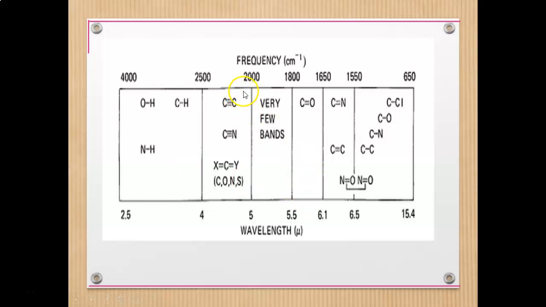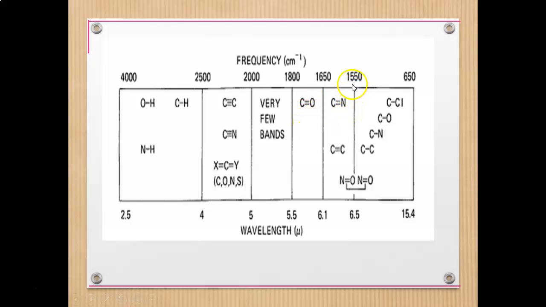Okay, for 2000 to 2500, we have alkyne, triple bond, CN, and so on. In region 1800 to 2000, very few bands, and commonly the band between 1650 to 1800 is the carbonyl group.